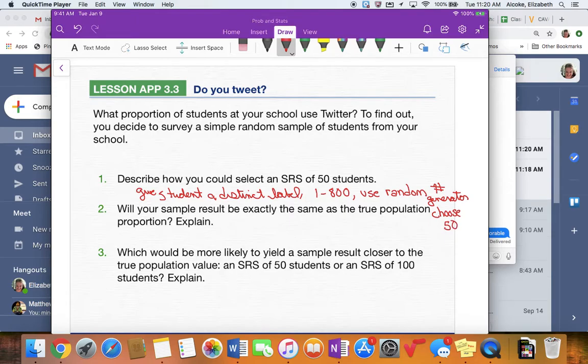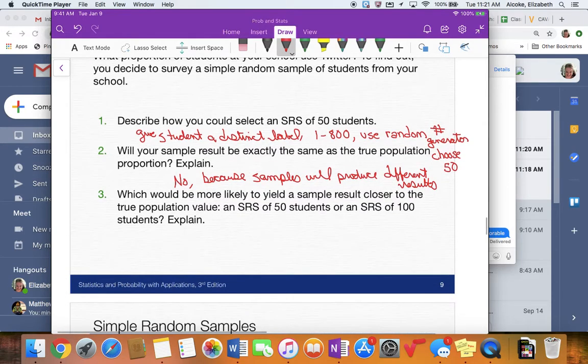Will your sample results be the exact same as the true population? No, because different samples will produce different results. Which would be more likely to yield a sample result closer to the true population, an SRS of 50 or an SRS of 100?